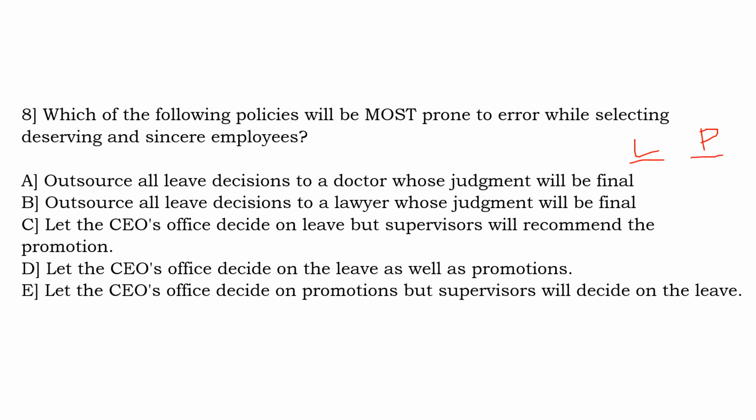So these are the two things that are considered for selecting the deserving and sincere employees. So you need to have an option where in both the cases there is going to be an error, or there is going to be a problem, such that option will be the most error prone in selecting deserving and sincere employees. So first we will go to option A.